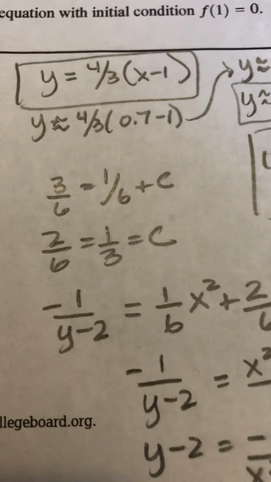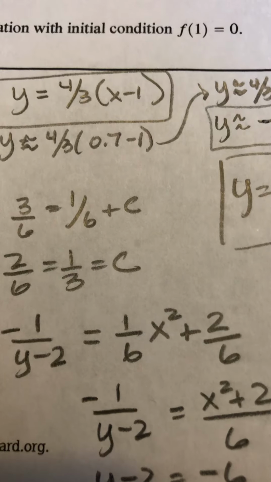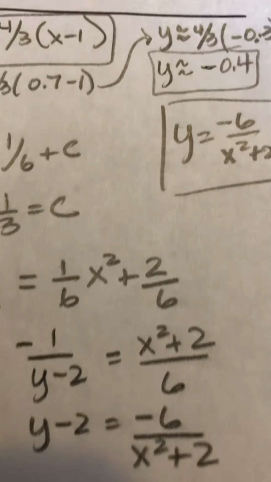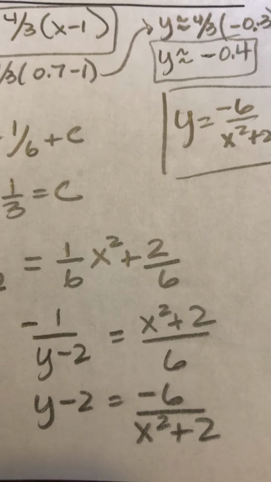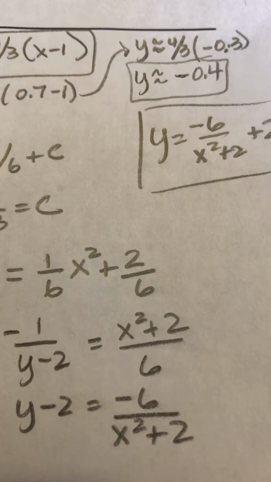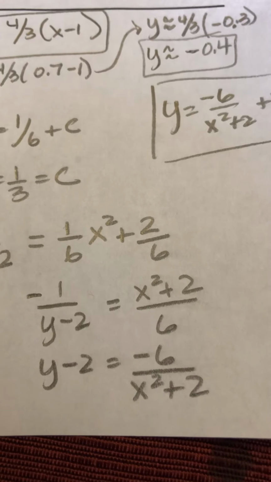So now we go back and sub that in. We have negative 1 over (y minus 2) equals 1/6 x squared plus 2/6. I kept it 2/6 so that on the right side I could write it as one fraction. So negative 1 over (y minus 2) equals (x squared plus 2) over 6. And now here's where you can use a little trick.